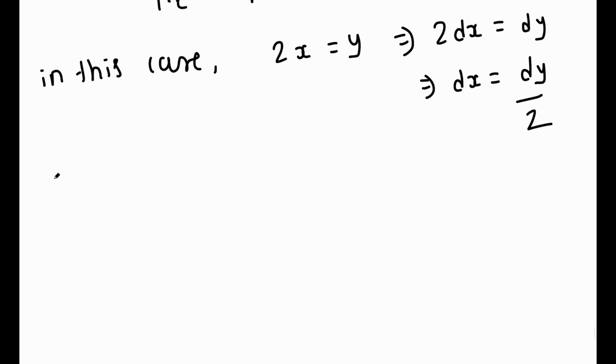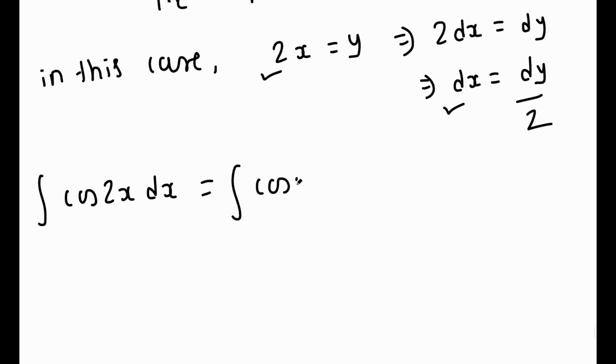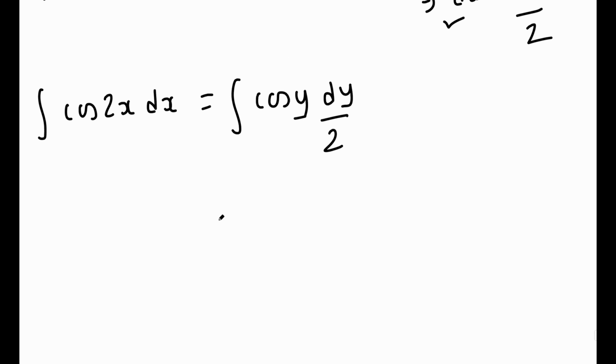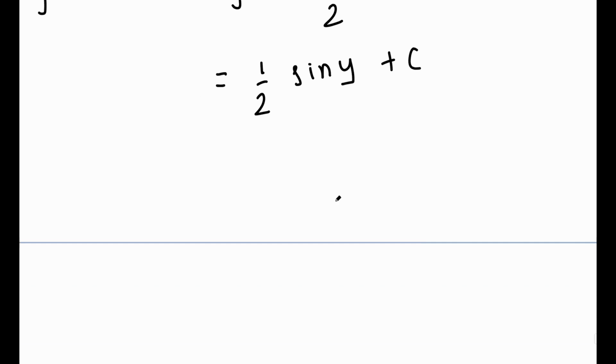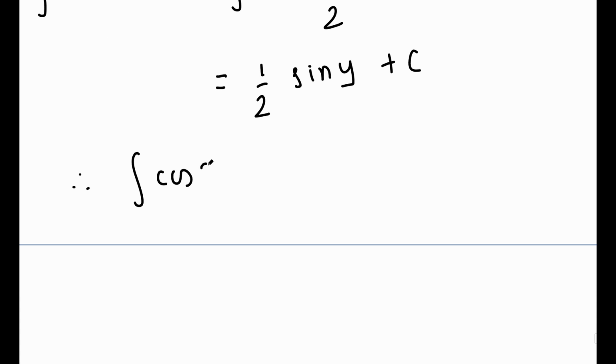If we substitute this in the original integral, we get integral cos of y into dy by 2. This evaluates to half into sin y plus a constant. If we resubstitute the value of y, we get the final answer as half into sin 2x plus c.